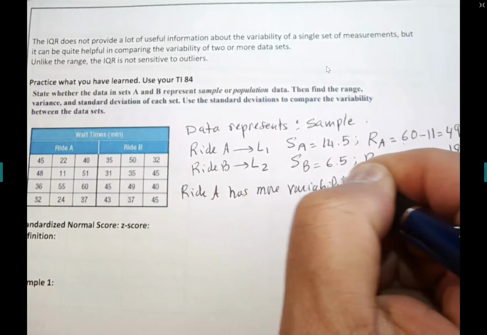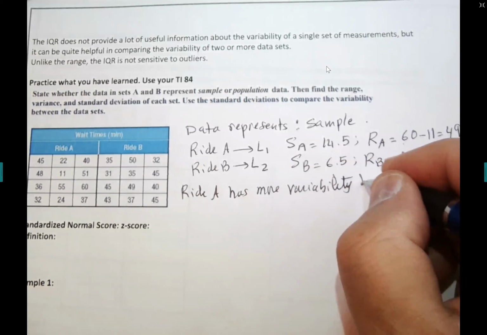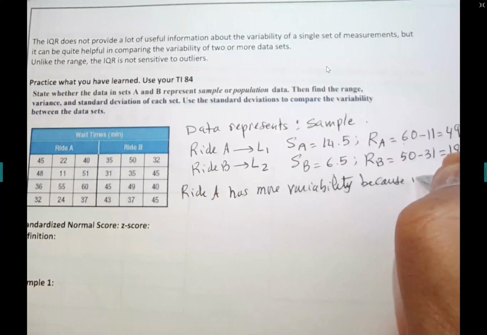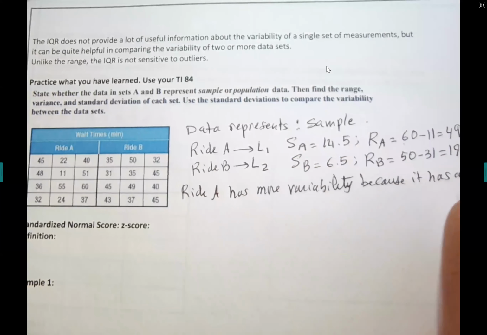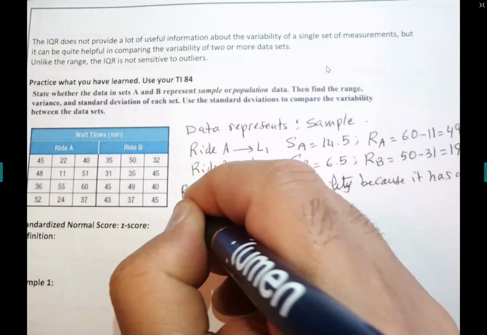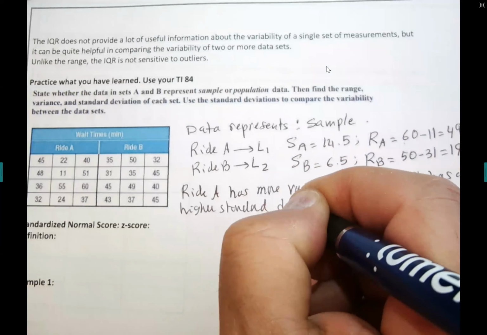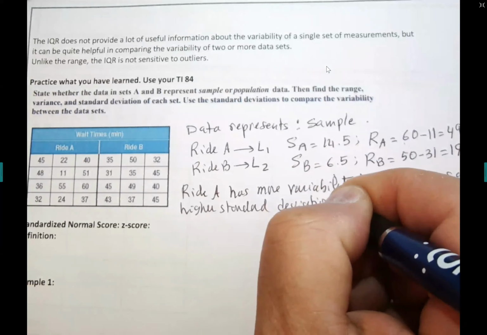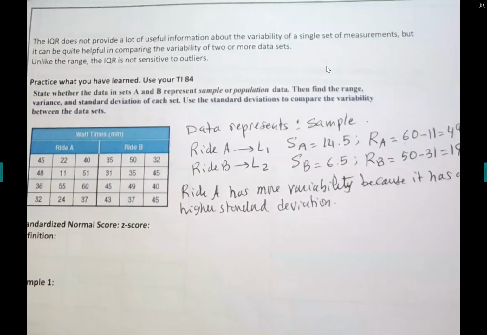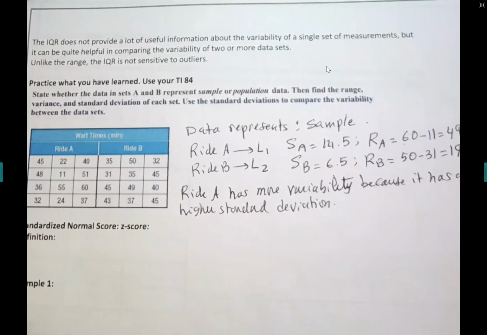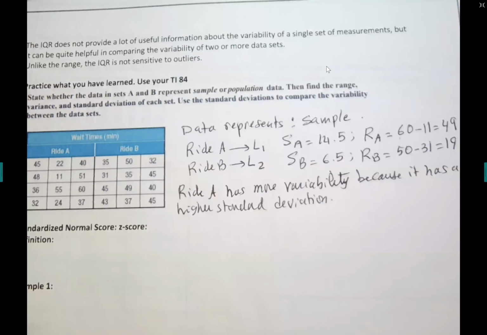And that's not a good thing, guys, because it has a higher standard deviation. So I'll tell you what, guys, if these two rides are exactly the same, and I'm given a chance to choose between waiting for ride A or ride B, I will choose ride B because it's more consistent.